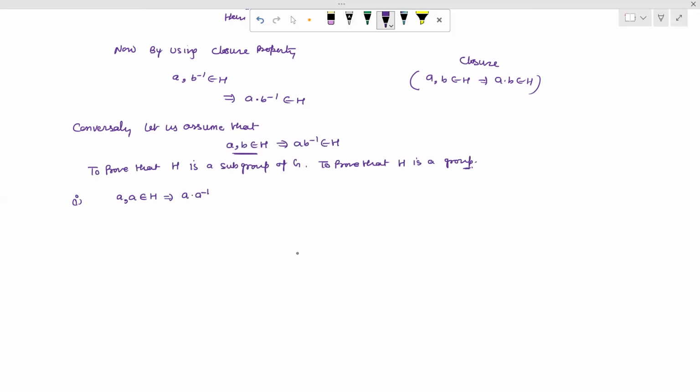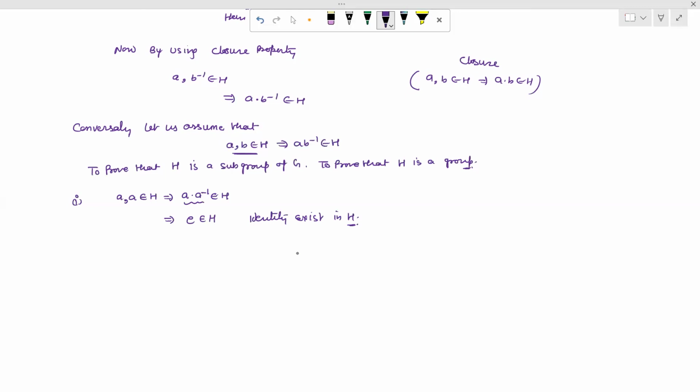So a into a inverse belongs to H. What is the value of a into a inverse? It equals e. So e belongs to H. This means identity exists in H. So we have proved the first part, identity exists.